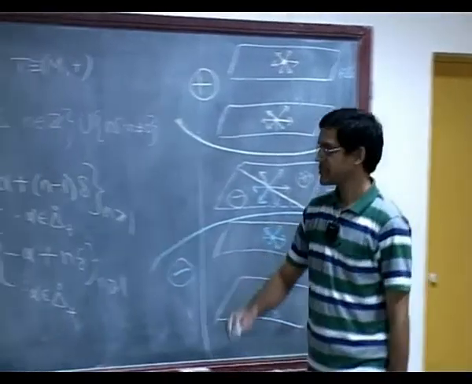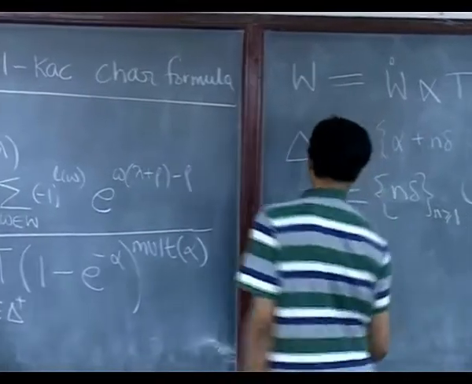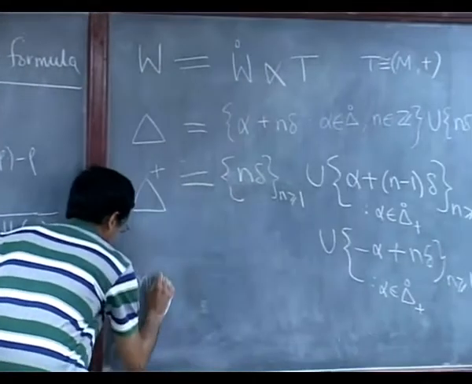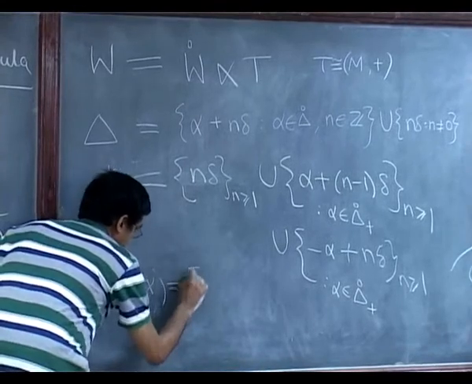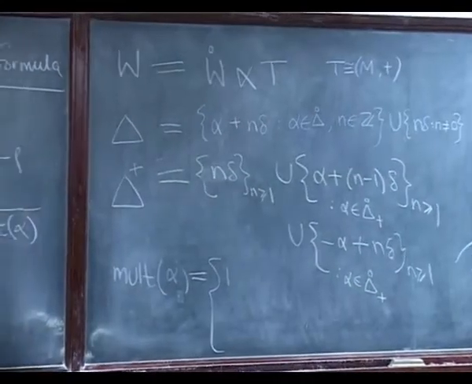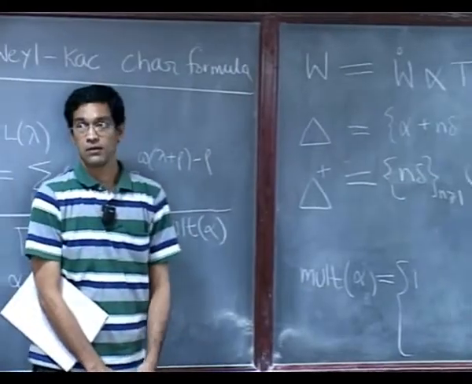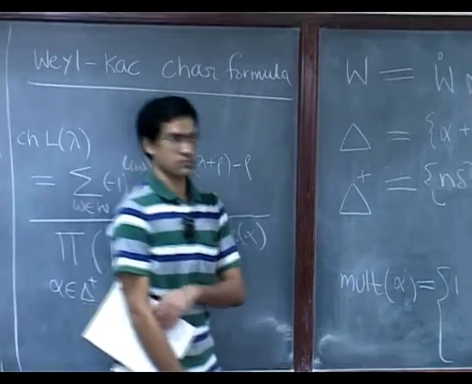And the multiplicities, now what do we know about the multiplicities themselves? In the finite dimensional setup, all multiplicities are 1. Okay. Now, here it is not quite the case. The multiplicities are however still 1 if alpha is a real root. Okay.